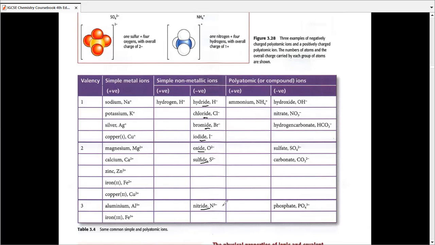So if they form a negative ion and they are non-metals and they do that by the gain of electrons, we're going to use them in names as the second part of the name because the metal comes first, and we're going to end them in IDE. No matter how the name changes, nitrogen to nitride, sulfur to sulfide, oxygen to oxide, iodine to iodide, the list goes on doing the same.